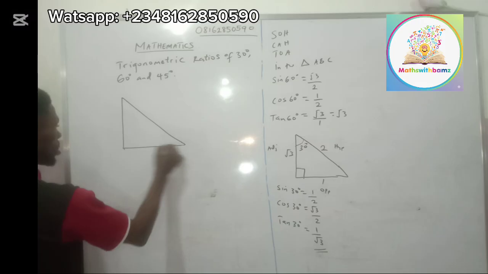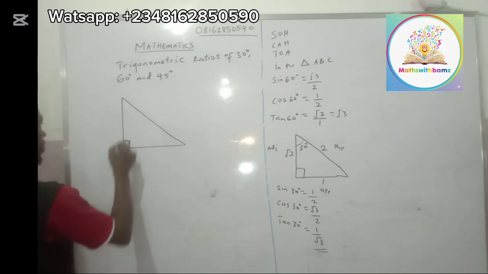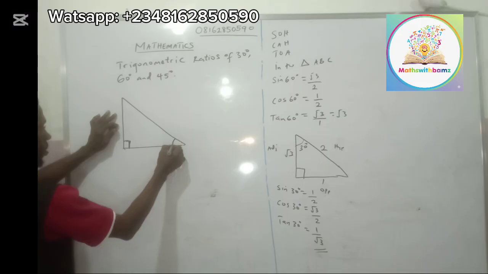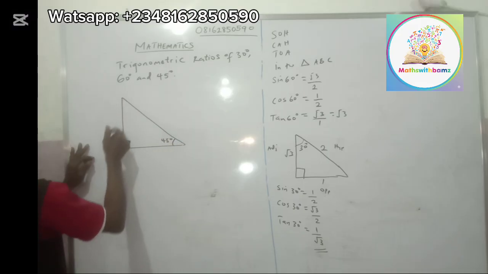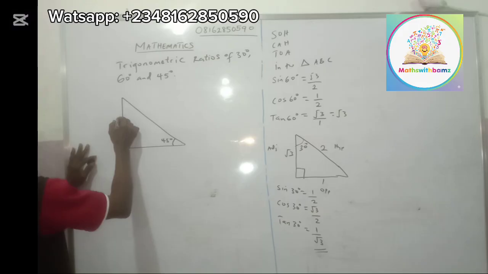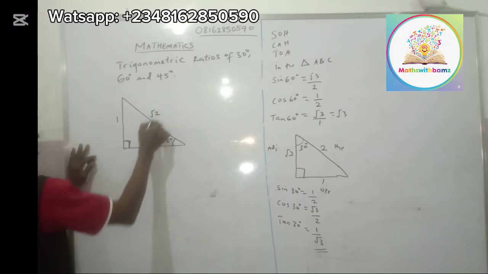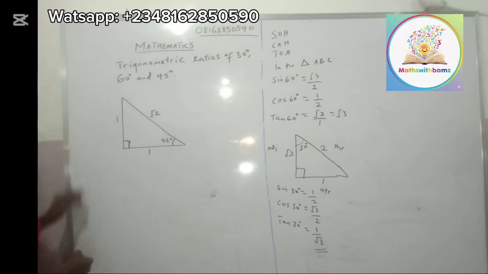Okay, so here is our 90 degree angle. I know this is a right angle triangle, so we can have our angle 45 to be here, here can be angle 45, here too can be angle 45. So here will be 1 and here will be what? Root 2. Then here is 1. Okay, so this is what we have for angle 45.